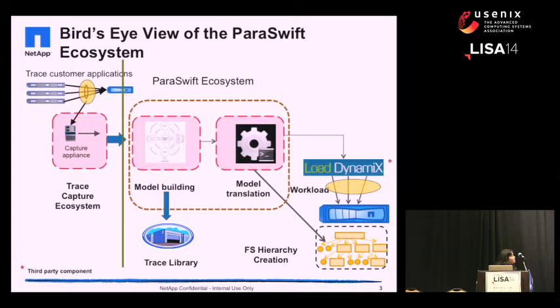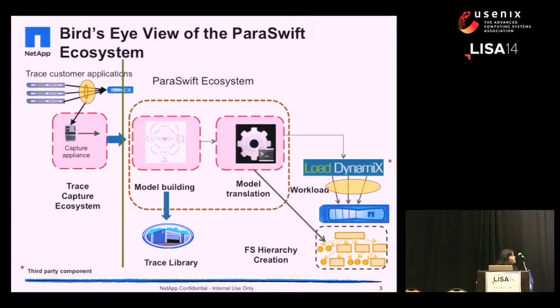So we infer all of that in the model from the trace, and we are able to regenerate that image of the file system onto the storage server, which is going to be under test.